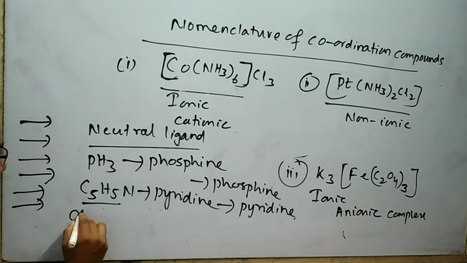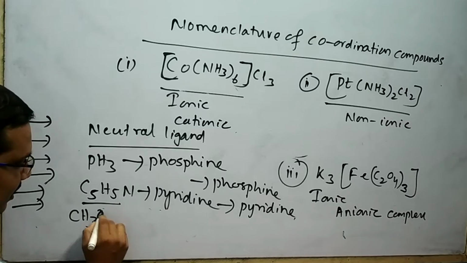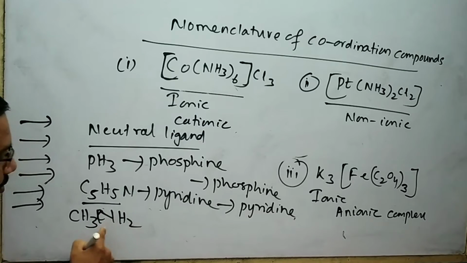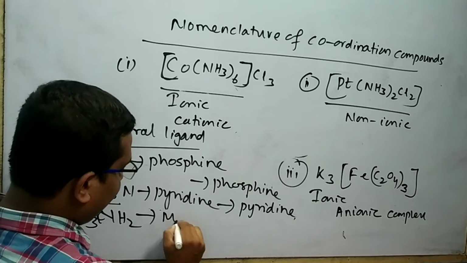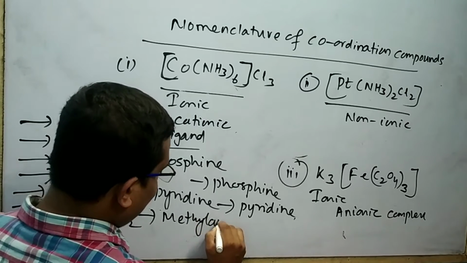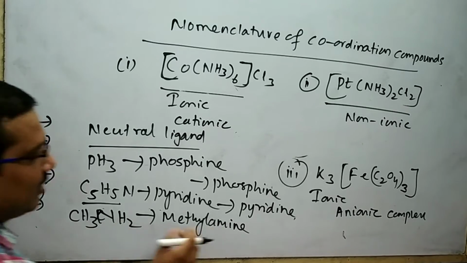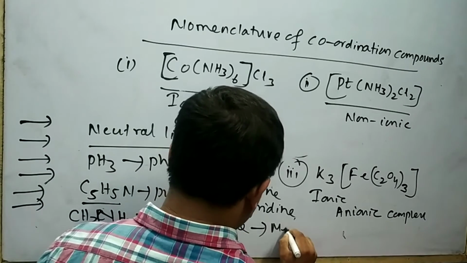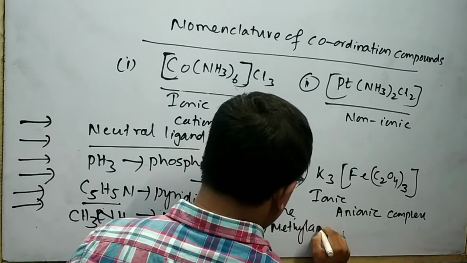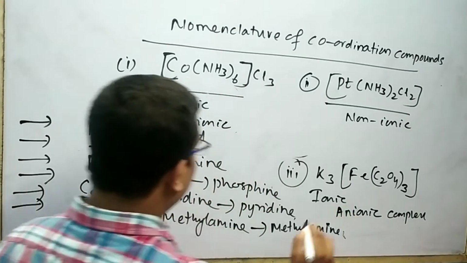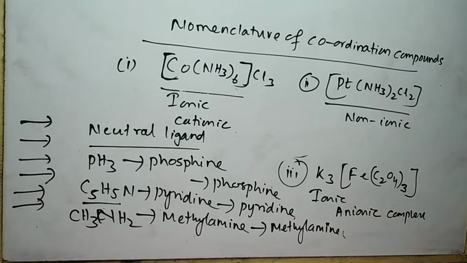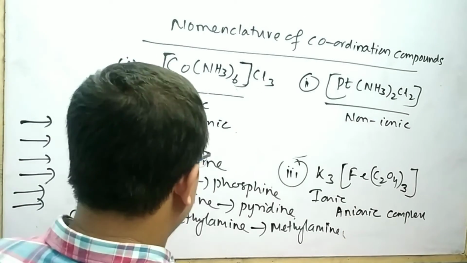Similarly, I can take another example, CH3NH2. The name of this compound is said to be methylamine. If this compound is used as a ligand, then I can also write methylamine. In case of a neutral ligand, the name is written as such.